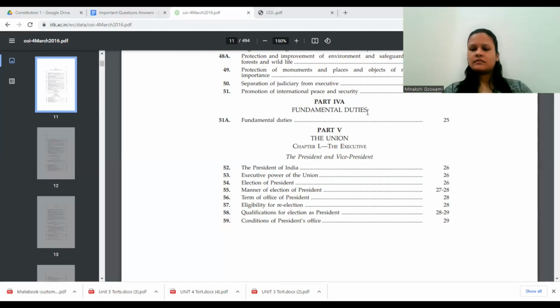It may not be the proper word, but only if two persons are coming for some contract, then only contract law will get attracted. But Constitution, irrespective of all of that, it will be effective for all the citizens.